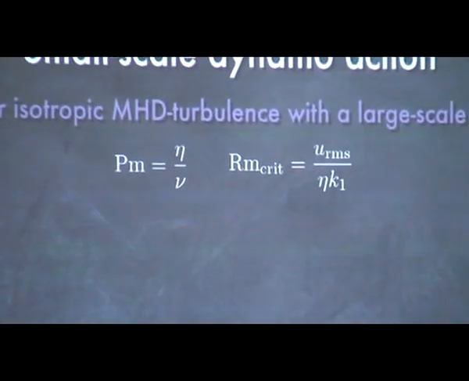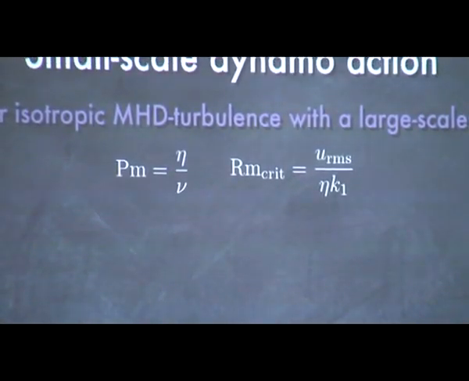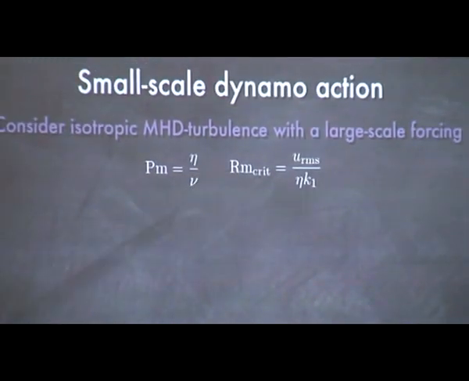The Mach number is of the order of 0.1, and now there's these two numbers that you need to keep in mind. One of them is the Prandtl number, which is just the ratio of diffusivities, and then the critical magnetic Reynolds number, above which dynamo action happens, or above which the small-scale magnetic field grows.